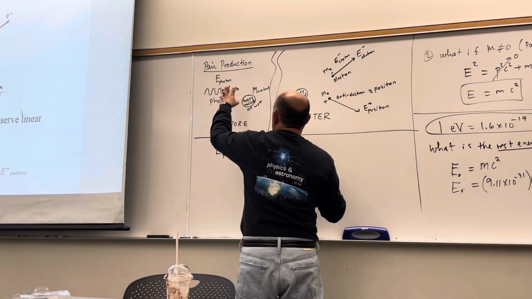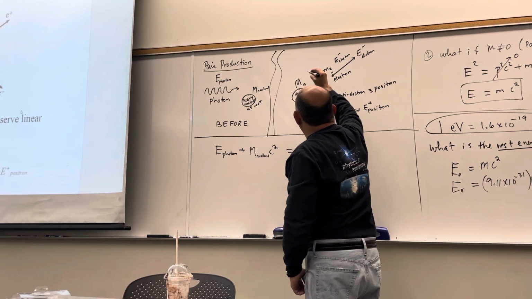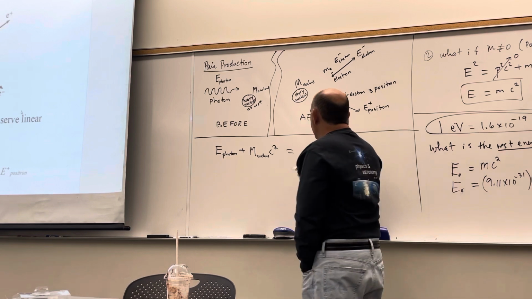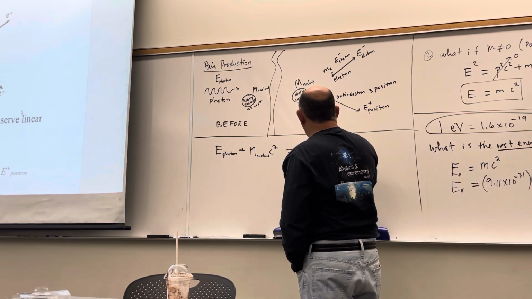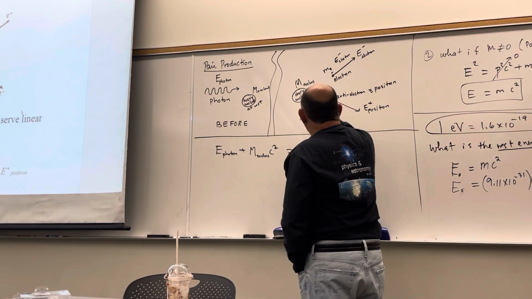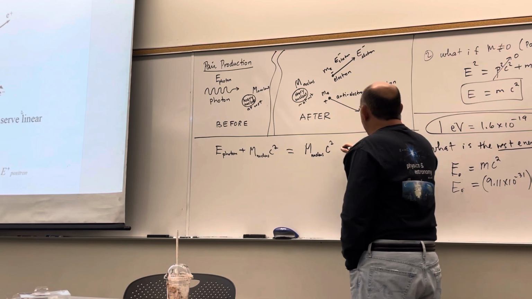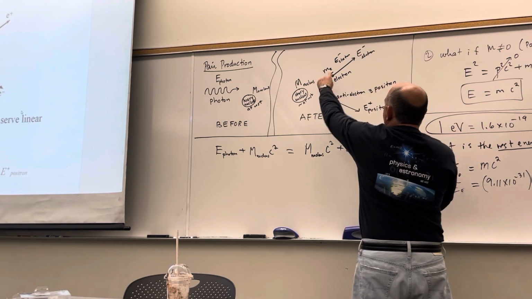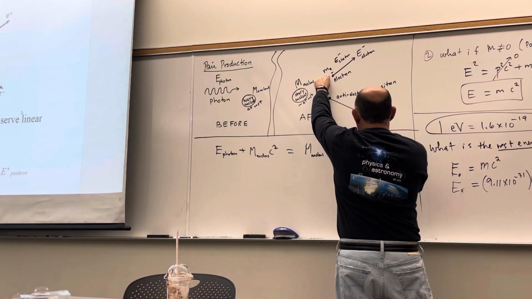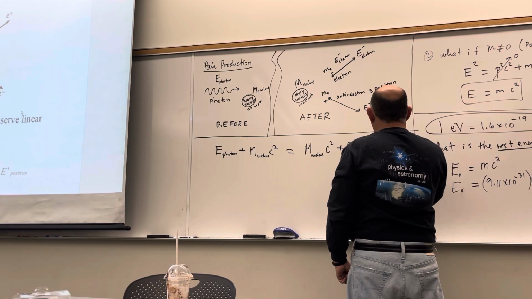From conservation of energy, this energy has to be equal to this energy. So it would be the mass of the nucleus, which doesn't recoil much. It's actually there to conserve momentum. But we'll just say m nucleus times c squared at rest. It just recoils a little bit. And then we have the energy of the electron, E minus, plus the energy of the positron.